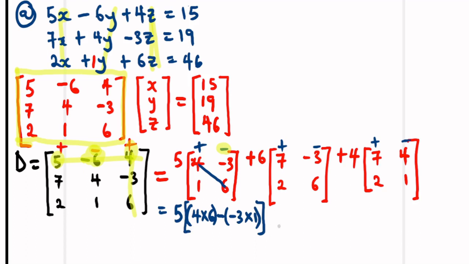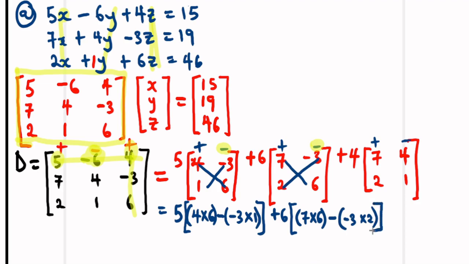All this is in a bracket because it belongs to 5. The next one is plus 6. What are we going to multiply? The diagonals are 7 times 6, then this minus sign, so minus, then minus 3 times 2, which is the second diagonal. We close this bracket.